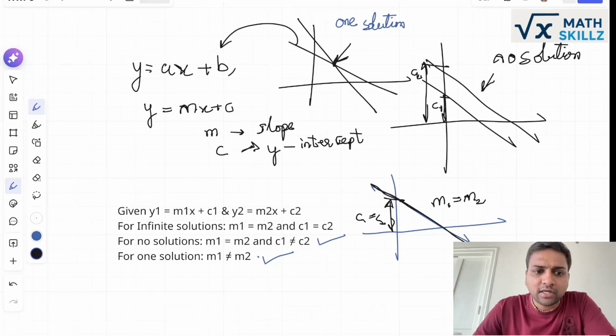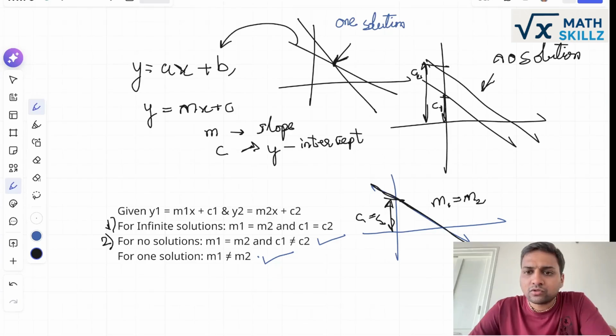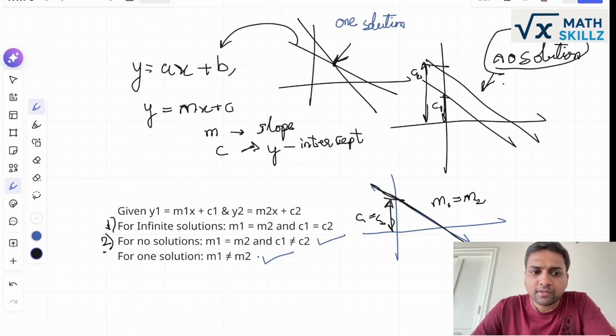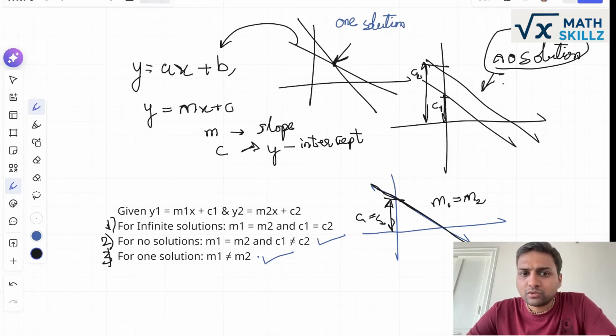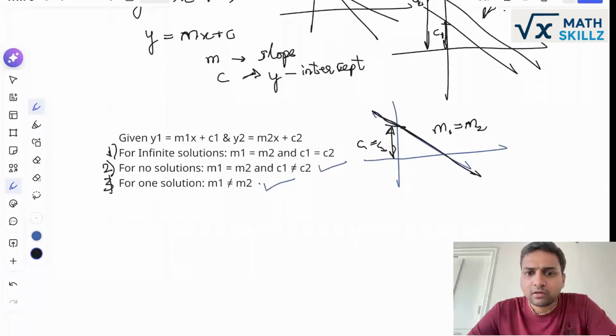So these are the three conditions. First, infinite solutions: m1 equals m2 and c1 equals c2. Second, the slopes are the same but the intercepts are different, so the two lines are parallel and there is no solution. And the third condition, where m1 is not equal to m2, there is only a single solution. So let's solve a question based on this.